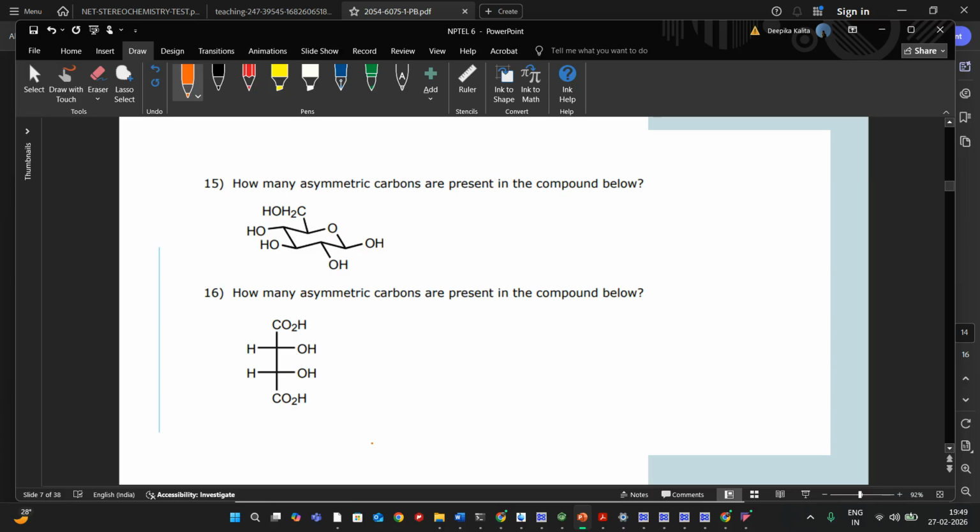In the next question, you have to just identify how many asymmetric carbons are present in the compound below. So we have already done that in our previous questions.